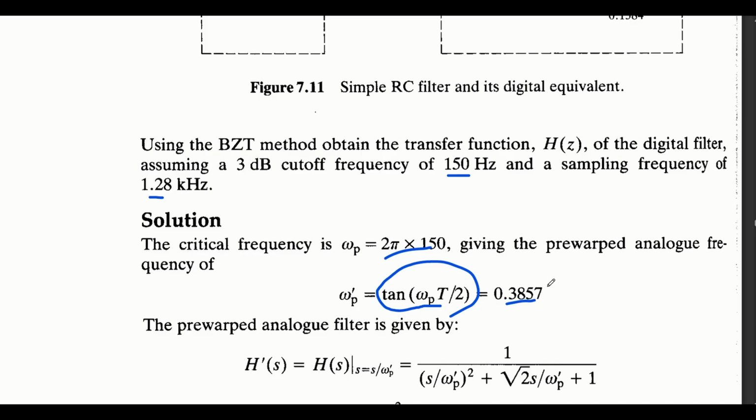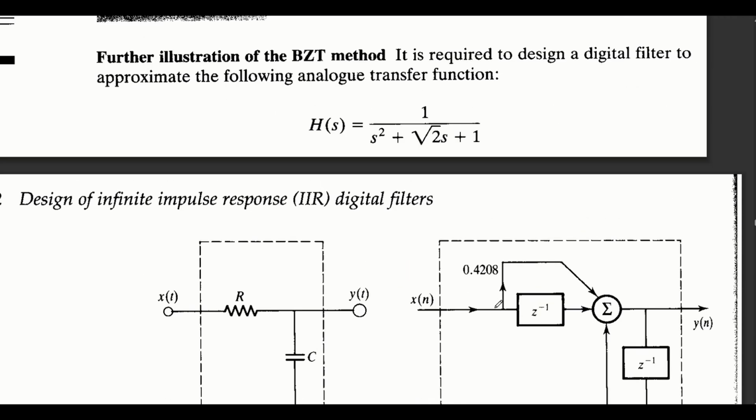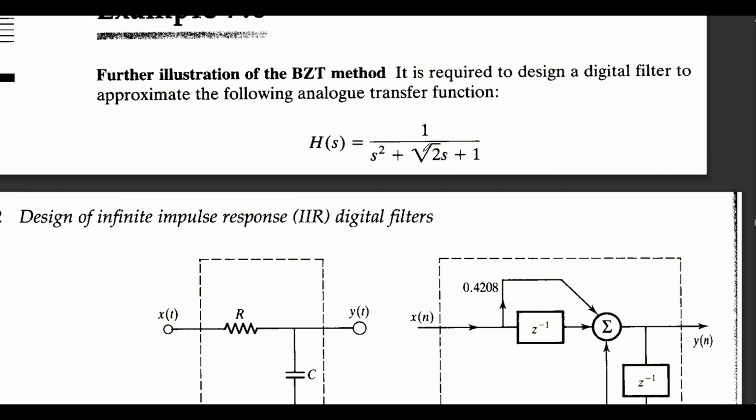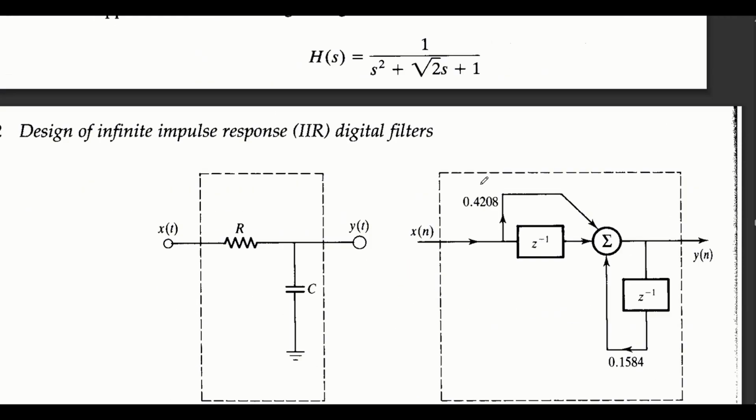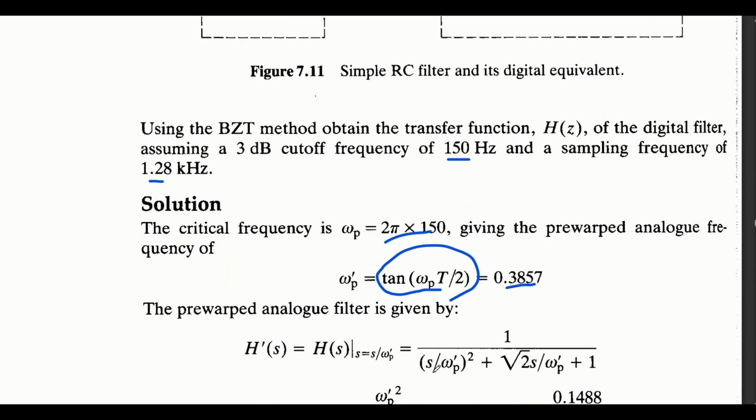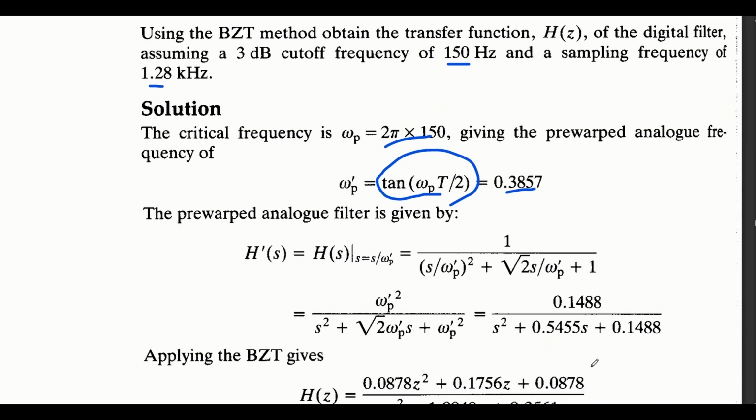Then you come back to substitute every s you see by s over 0.3875. So you realize that it was s squared plus root 2 multiplying s plus 1. So you have s over omega p prime squared plus root 2 multiplying s over omega p plus 1. Then you expand.